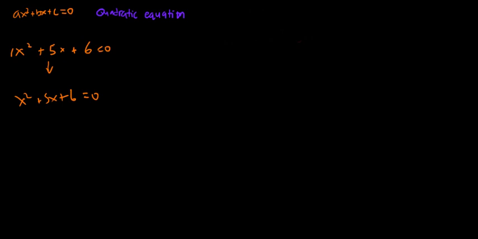Now, there are 3 ways to solve a quadratic equation. I'm going to do them in different colors, then we'll see those colors as we try to solve it. The first one is to factor.